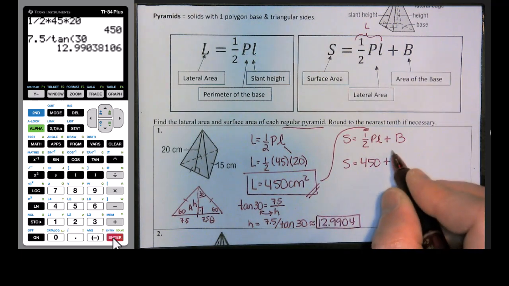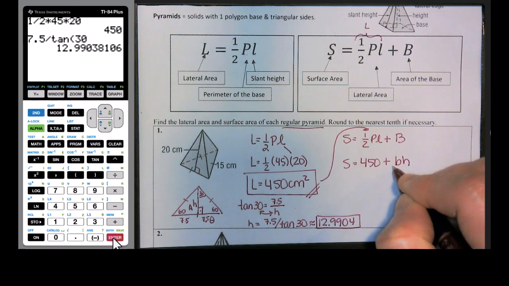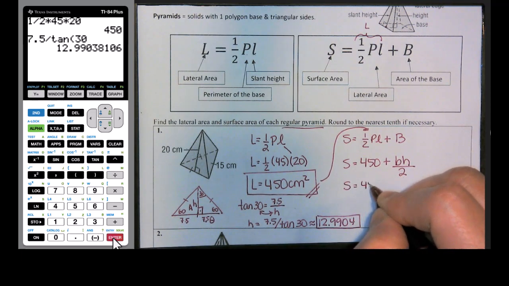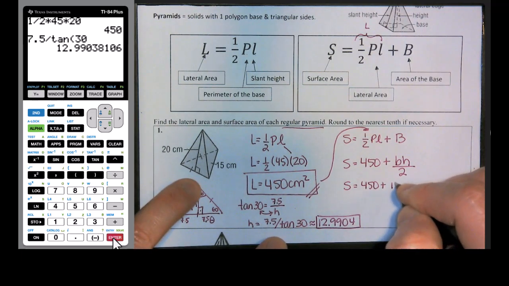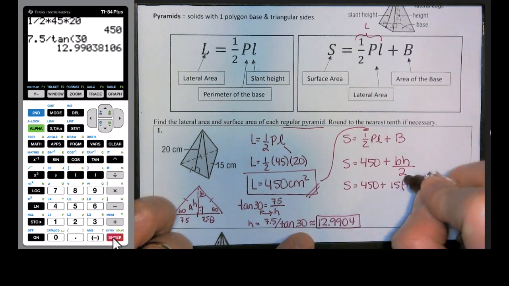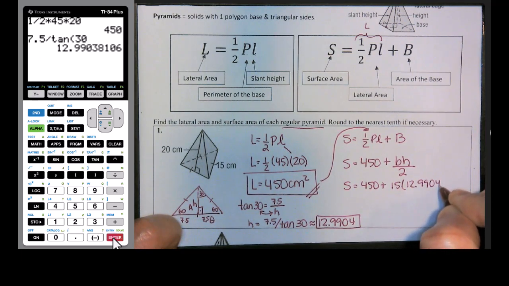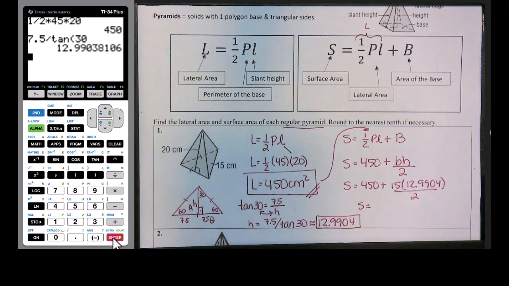So now I can come over here, because we know that the area of the base, which is a triangle, is base times height divided by 2. So we have 450 plus the area of the base, which is 15 times the height, 12.9904, divided by 2. Then we're going to put all that in the calculator.